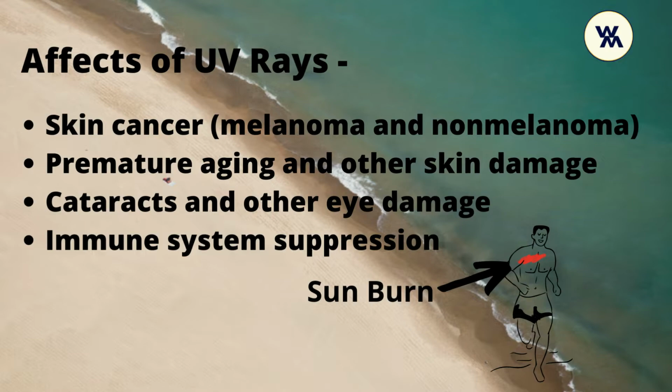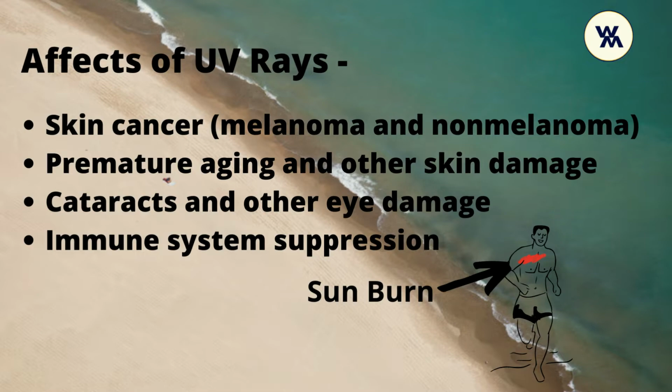The effects of UV rays are that we get skin cancer, melanoma and non-melanoma, premature aging and other skin damage, cataracts and other eye damage, and immune system suppression. You can see a man running on the beach who has a red spot, which is a sunburn, and UV rays are causing it.